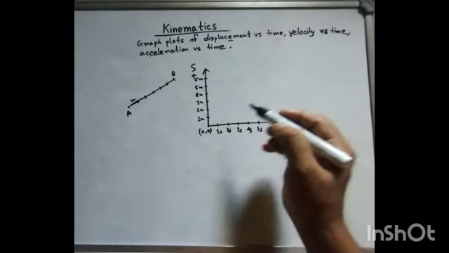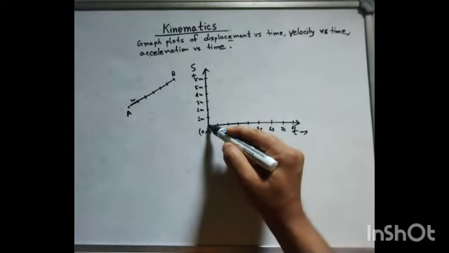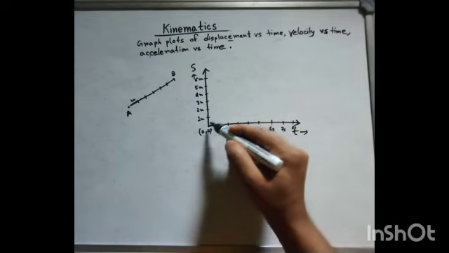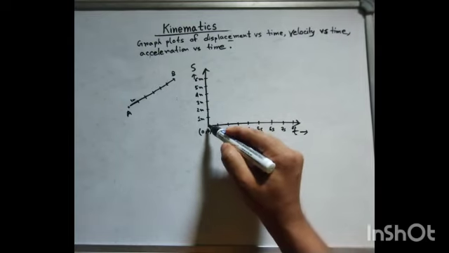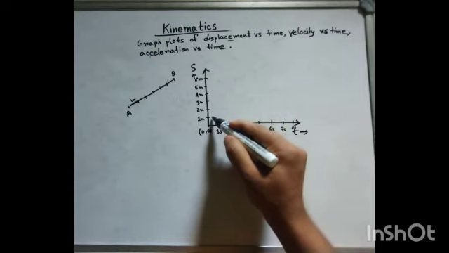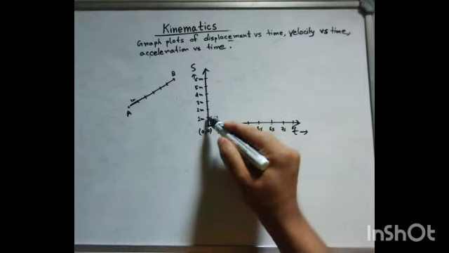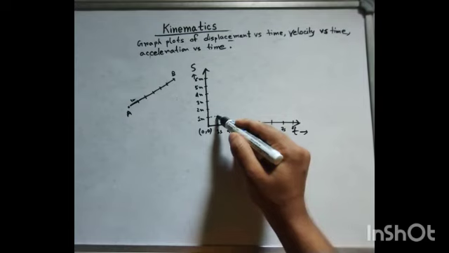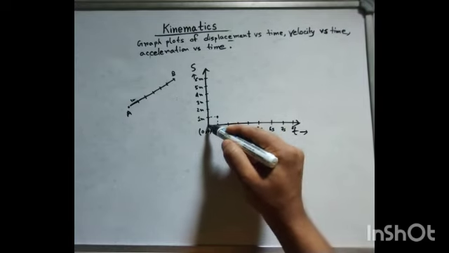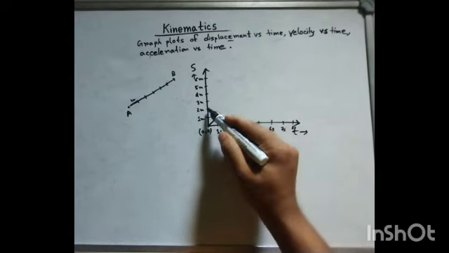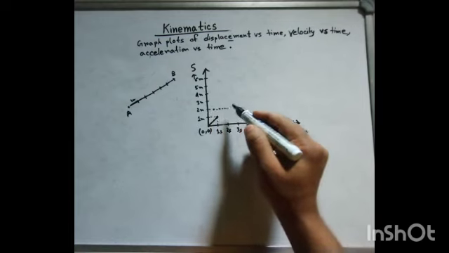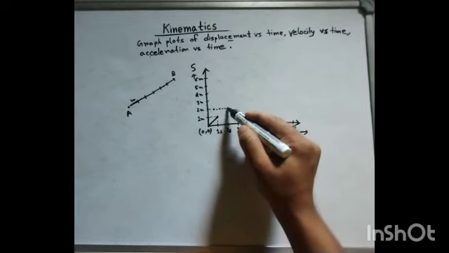So the plot will be: at t equal to 0, at the initial time I was at point A, so my displacement was 0. After 1 second my displacement becomes 1. So after 1 second I reached this point, and I am moving with uniform velocity. After 2 seconds I moved 2 meters, so I will reach this point.